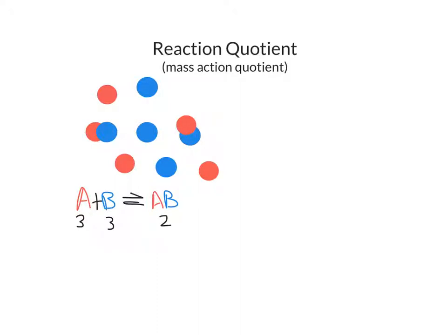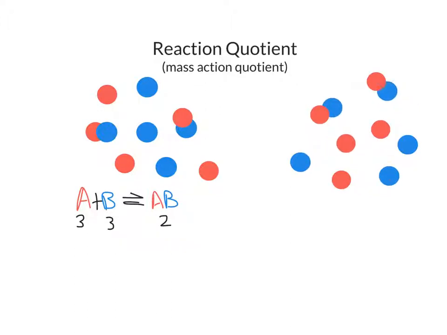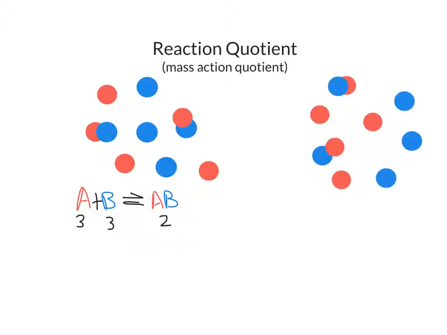What would happen if we started the reaction with only AB present? Notice that this time the AB molecules have fallen apart to form some A plus B molecules.